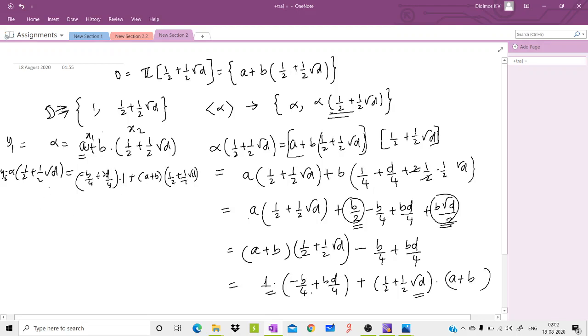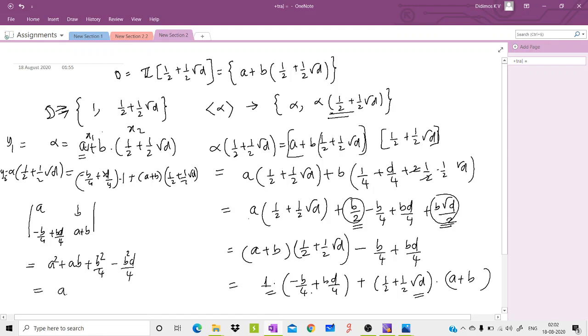Now you can write the transition matrix: here the coefficient is a, here the coefficient is b, here the coefficient is minus b/4 plus bd/4, and this term will be a + b. When you evaluate this determinant, you get a² + ab, minus of (minus b²/4), that is b²/4, and minus b²d/4.